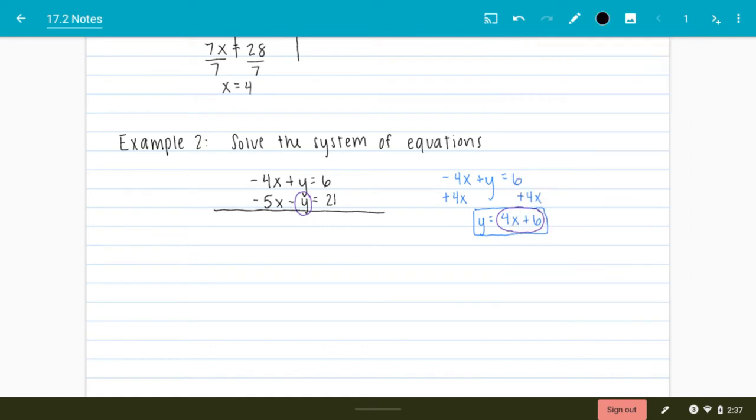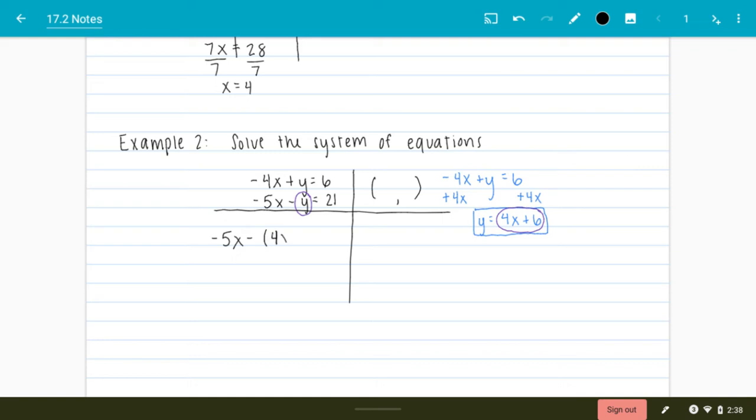Just to help me organize my work, I know my answer is going to be an ordered pair. So I'm going to take that expression that y equals, and we're going to plug it in for y. So you have negative 5x minus, and we're going to put it in parentheses because we're actually going to have to distribute that negative to each term of y.